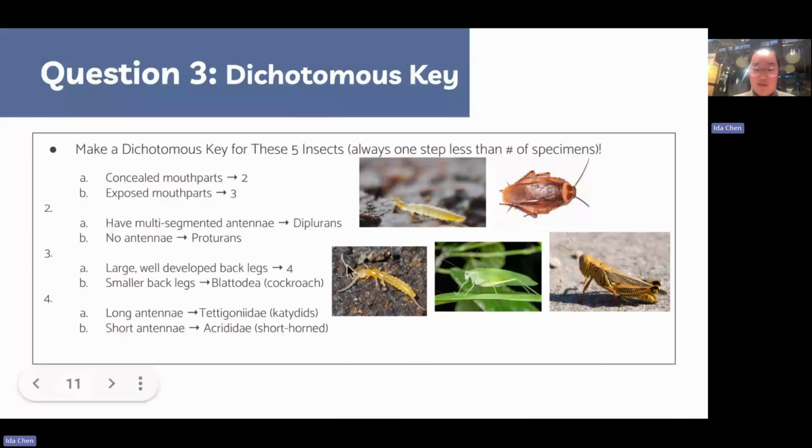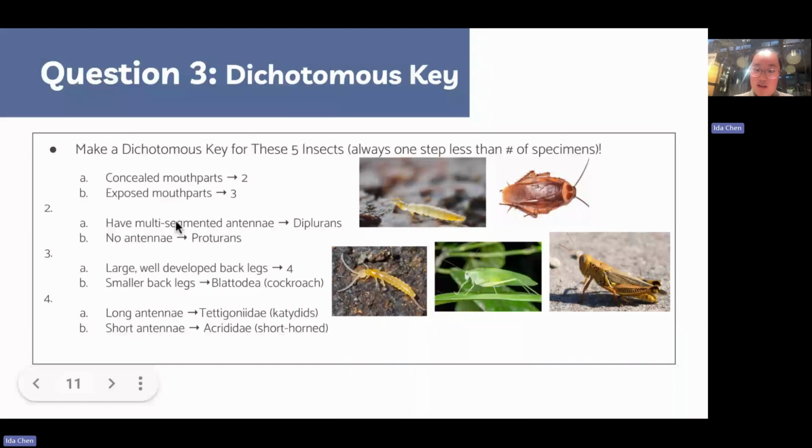The main difference between the two is that the diplurans have well-developed multi-segmented antennae, and proturans have either very atrophied antennae or no antennae at all. So you've reached the end level and you've identified 2 specimens.